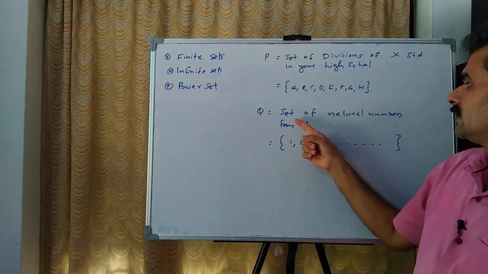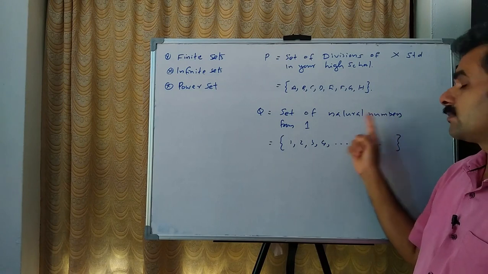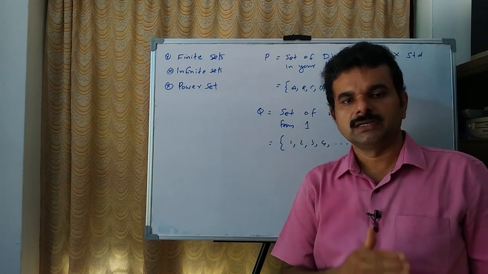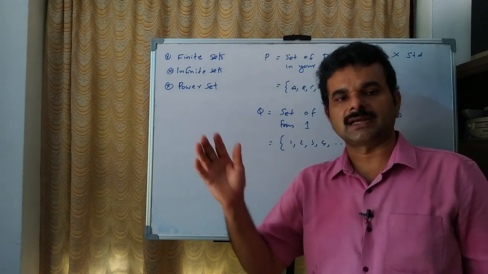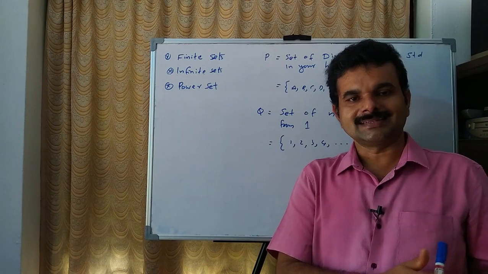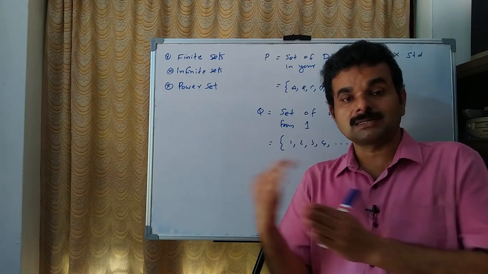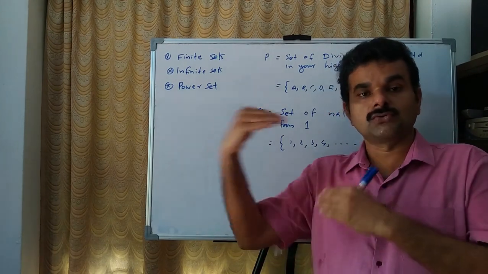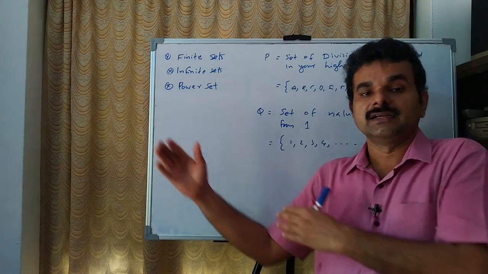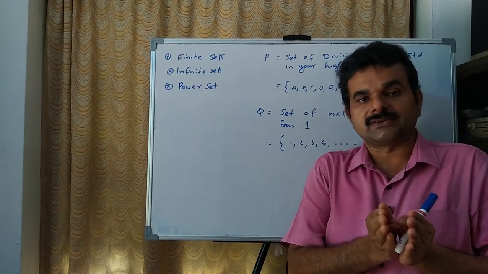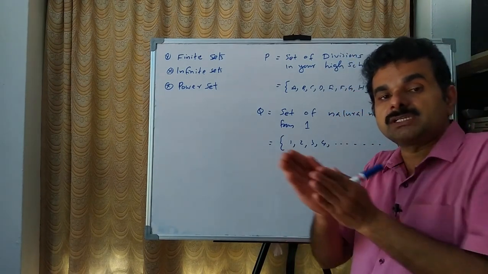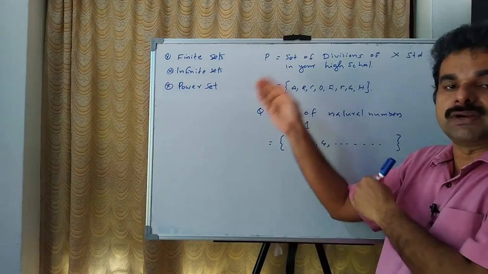See this example. The set of natural numbers starting from 1: 1, 2, 3, 4, etc. It is non-stopping, or non-terminating, isn't it? It does not stop: 1, 2, 3, 4, 5, 6, etc. And this set Q is approaching infinity.